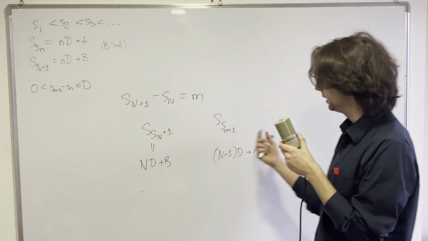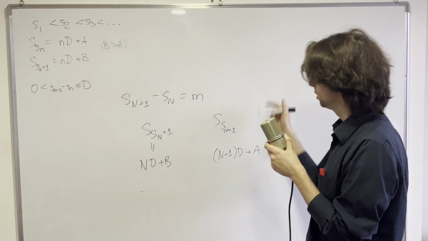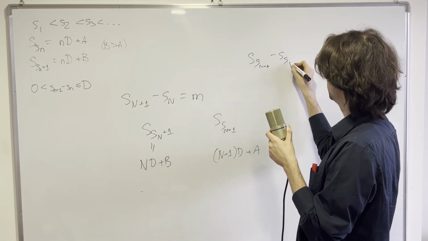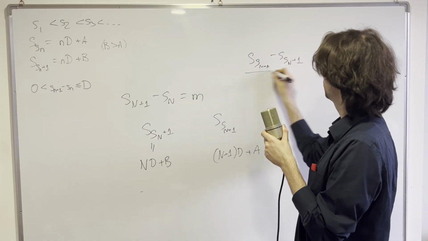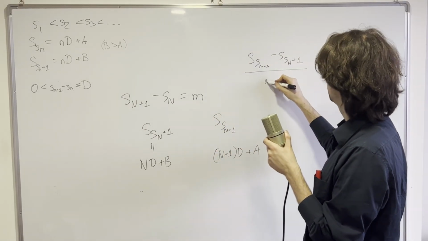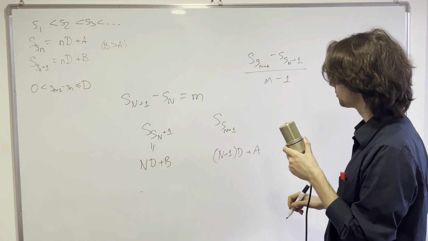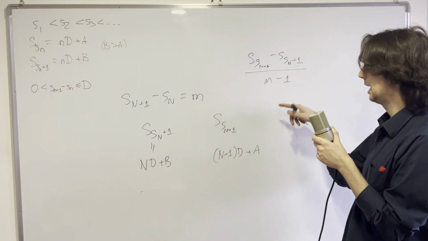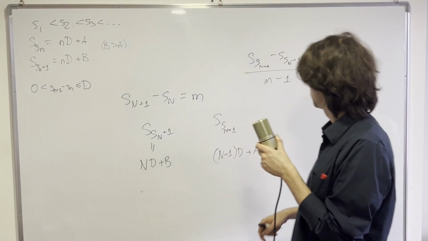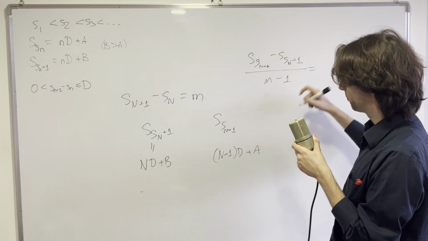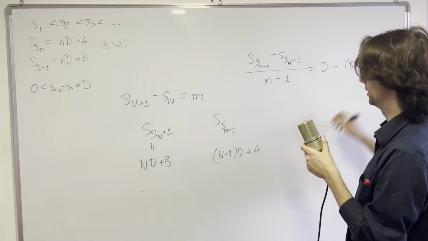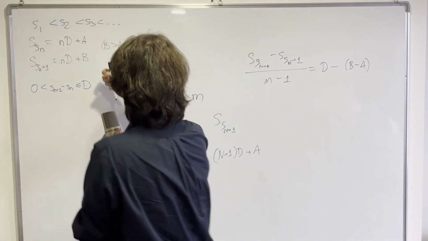Now, the average distance between these two is going to be SSn plus 1 minus SSn over their difference, which is m minus 1. This is the average distance, and that average is going to be this minus this, which is equal to d minus b minus a, right? This is bigger than this.